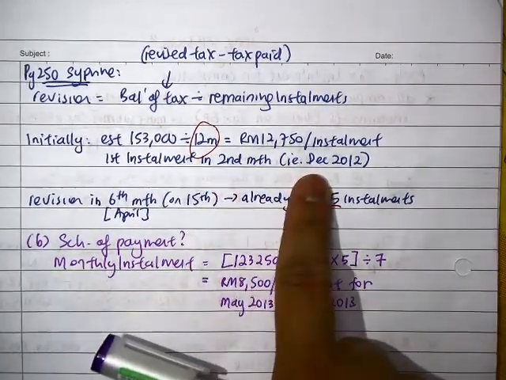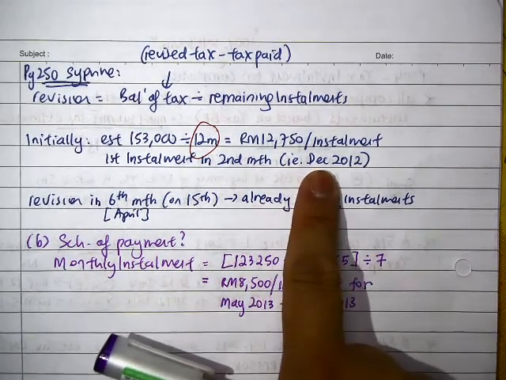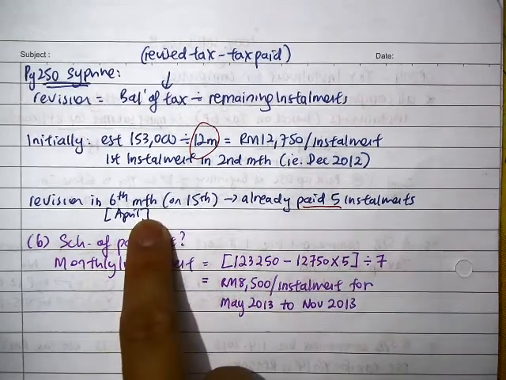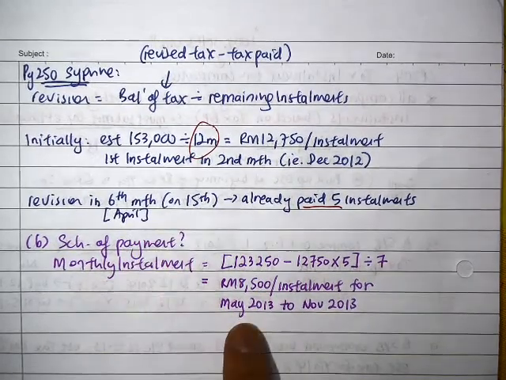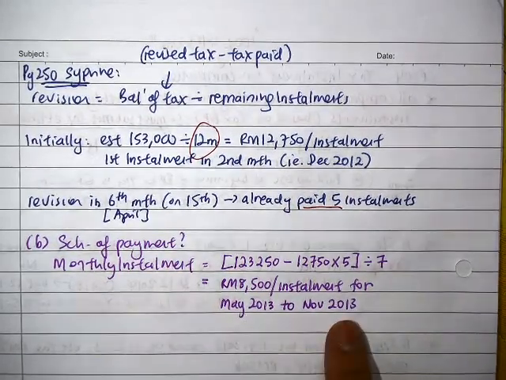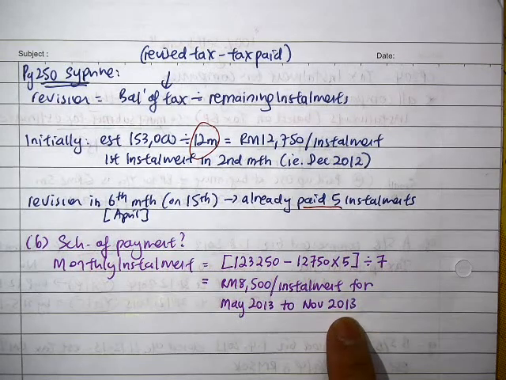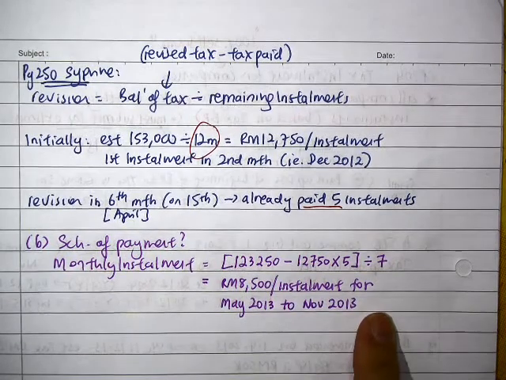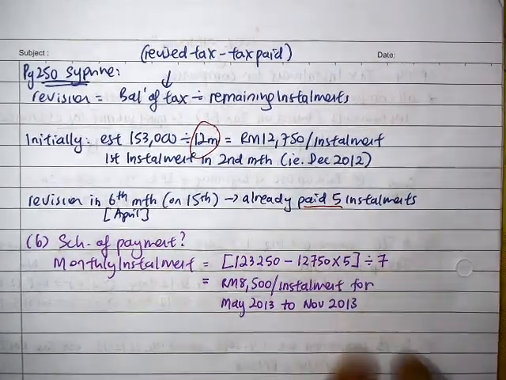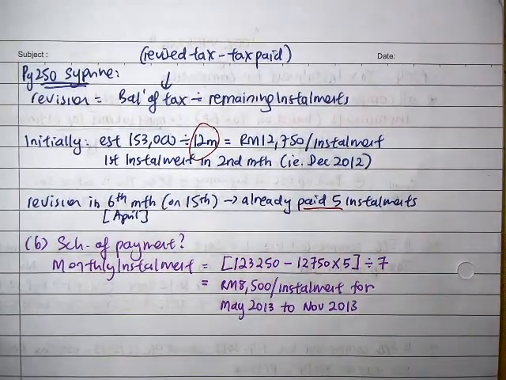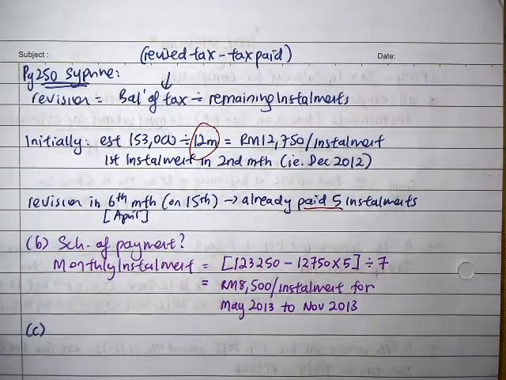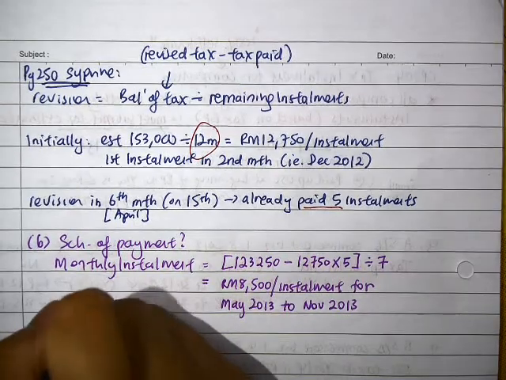You start in December, December, then January, February, March, April. So 5 months. Then May continue until November. Okay. That's why next is December next year. You pay another installment. That's why you start in December again. So that's how it works. Okay, so this is B. Now C. Which month should the revision be made?